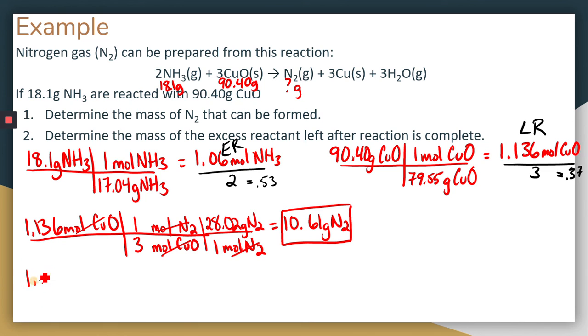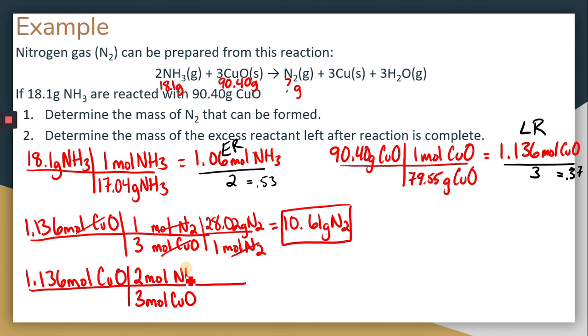So again, you start with your limiting reactant. If my limiting reactant runs out, how much NH3 would I use? So we're going to set up that ratio: coefficient, 3 moles of CuO, coefficient, 2 moles of NH3. But we want it to be in grams, so then we're going to convert that to grams. So 1 mole is 17.04 grams.